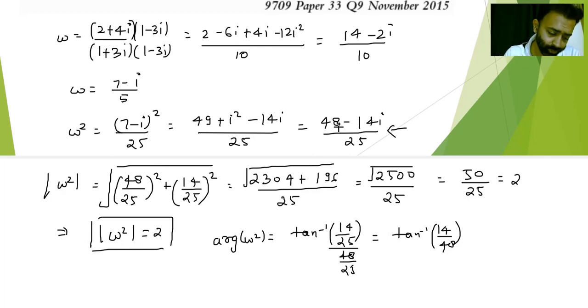If I find 14 divided by 48, it is 0.2626... so the angle is 16.26, right? To three significant figures, I can write this as 16.3, okay? So the argument of w square is with a negative sign, minus 16.3, that is in radians, okay?